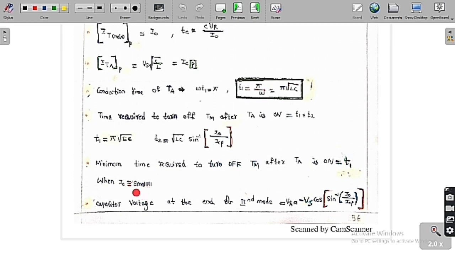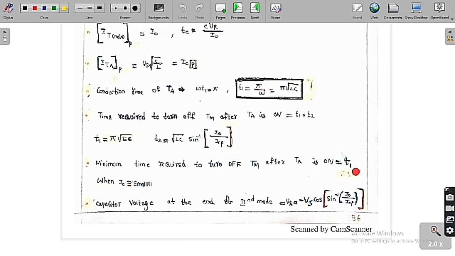So let me assume I naught is very small. Then the overall time of TM is nearly equal to T1, the mode 1 operation only. Therefore the minimum time to turn off TM after TA is on is nearly equal to T1.